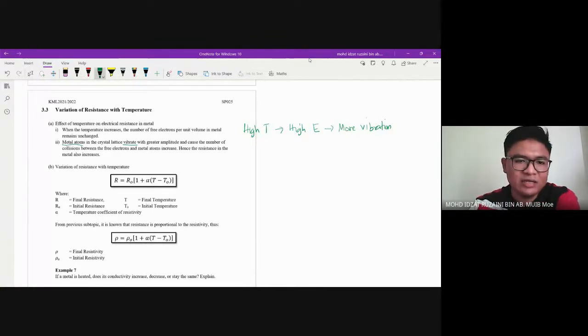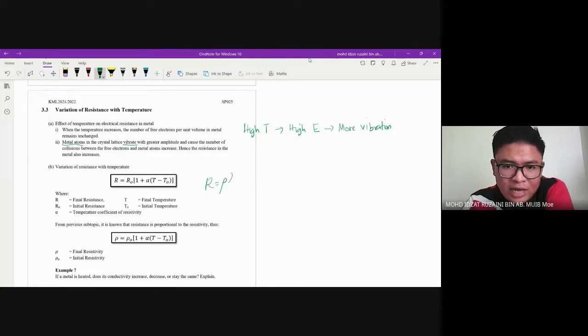Okay, so kamu boleh relatekan dengan R equal to rho L over A lah.